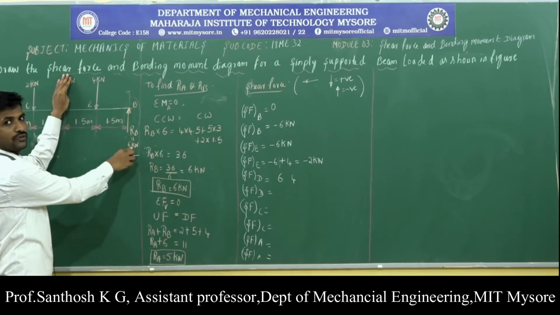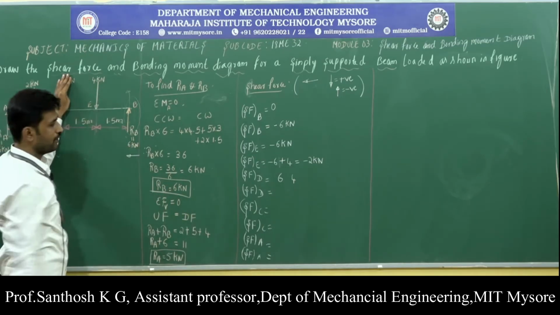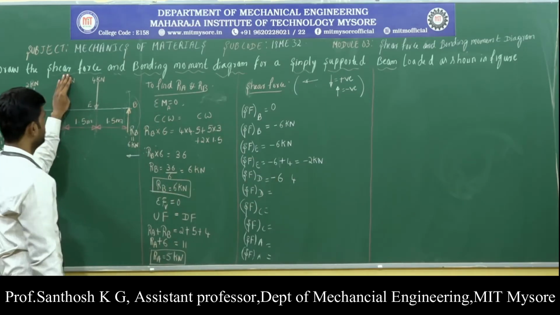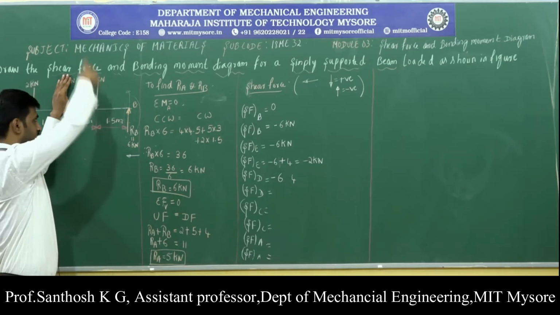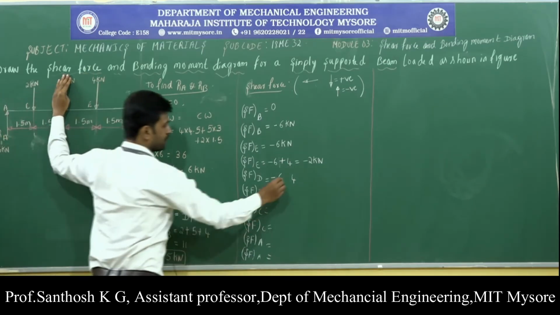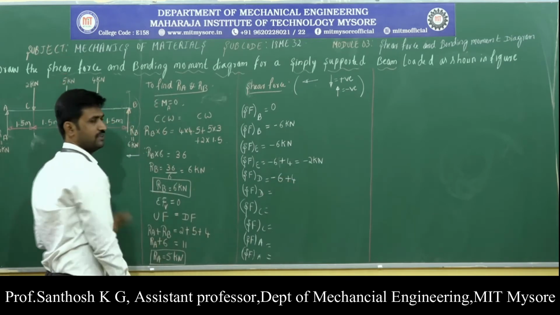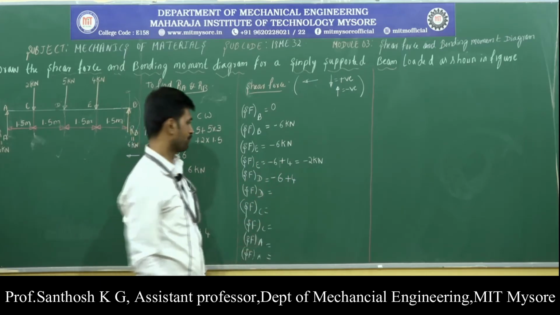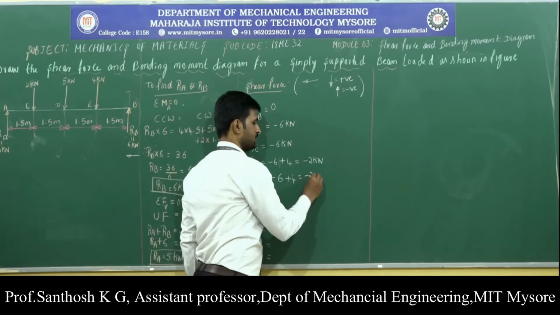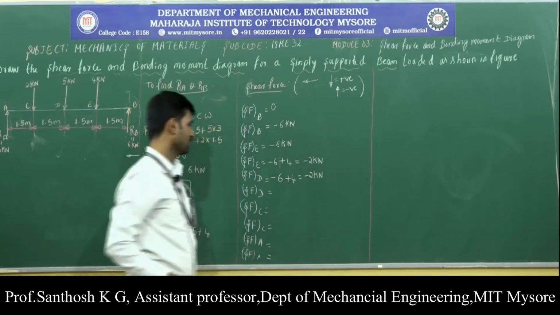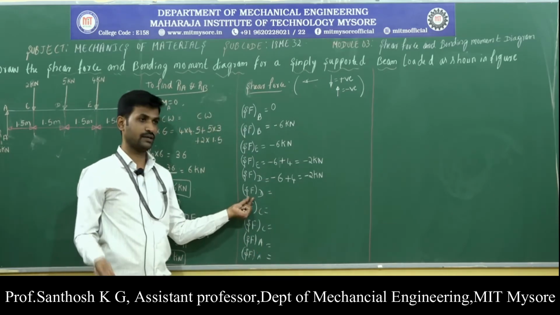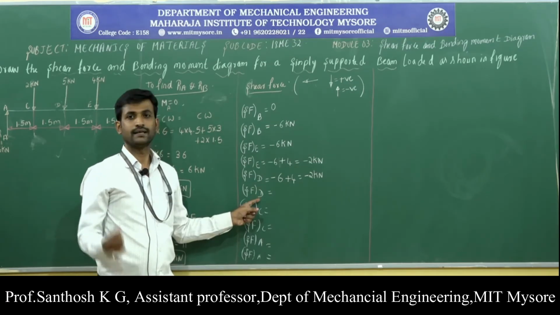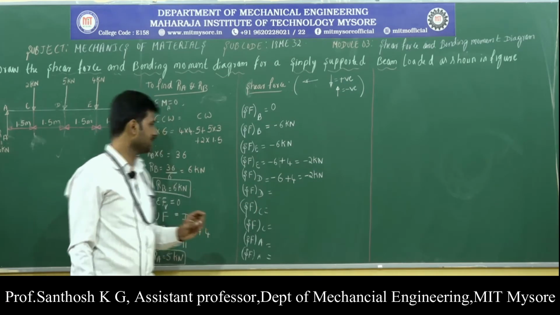This 6 kilonewton force is acting in upward direction, therefore, I should denote it by a negative sign. Similarly, this 4 kilonewton is acting in downward direction, therefore, I should write it with a positive sign. Therefore, minus 6 plus 4 will be equal to minus 2 kilonewton. Now let us try to find the other value of shear force at D by considering the shear force acting at D.